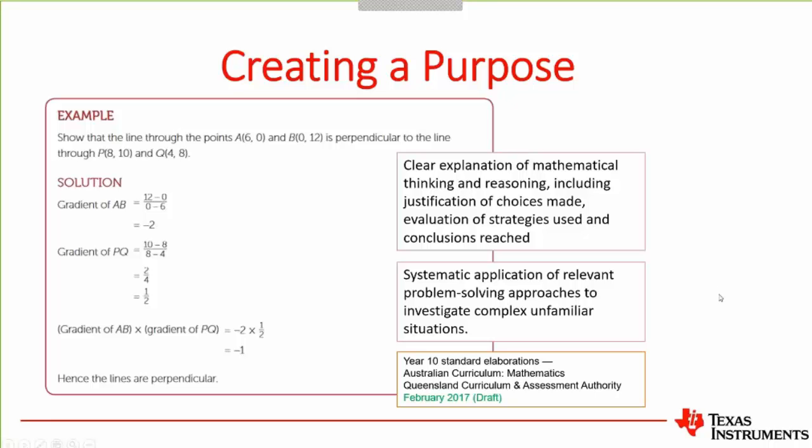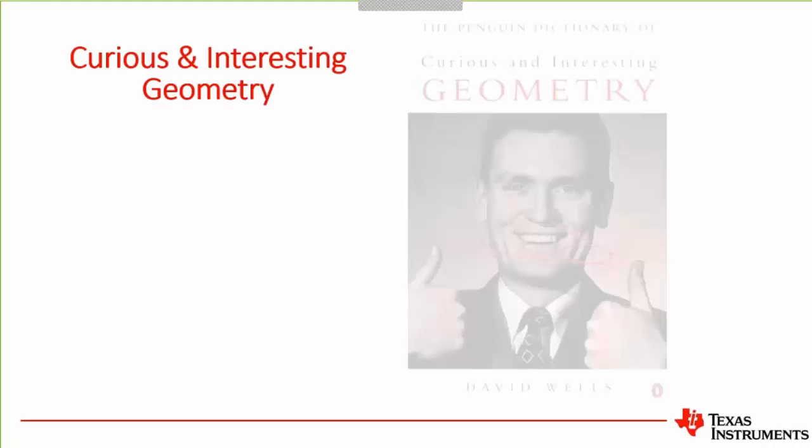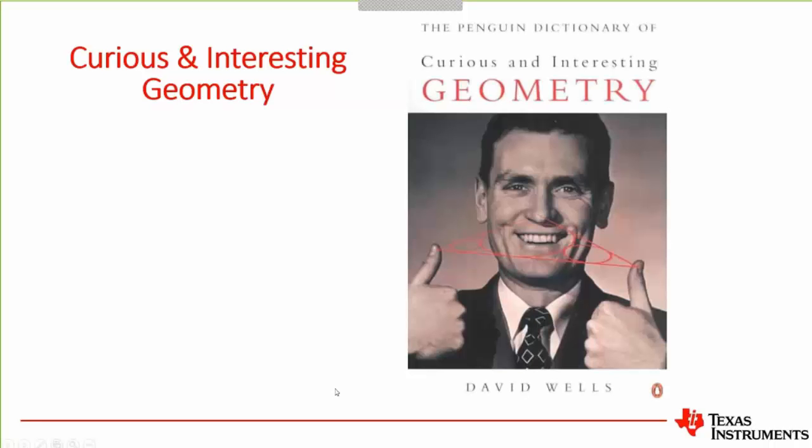And my source for this one tonight is a thing that I've mentioned on webinars before that I discovered back in 2015 at a workshop in Fort Worth at the TQ conference, this thing called Curious and Interesting Geometry. I'm not sure if the curious means that you stick a set square up your nose or whatever that is, but that's not what we're going to look at.